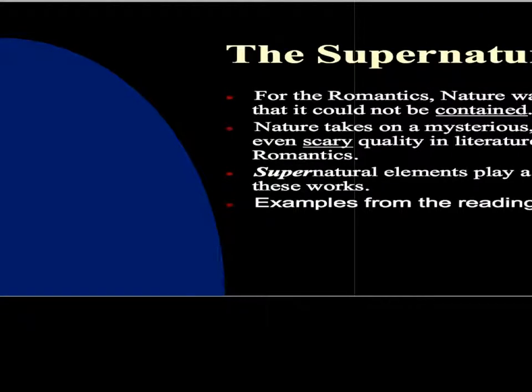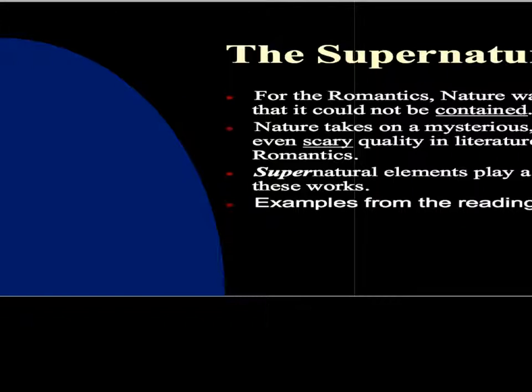The next characteristic we'll take a look at is the supernatural. For the Romantics, nature was so powerful it could not be contained. You can think of nature as supernature, hence supernatural. Nature, therefore, in this tradition, is like a scary god that gets angry. As you'll see in Frankenstein, nature reacts to the events in the novel.